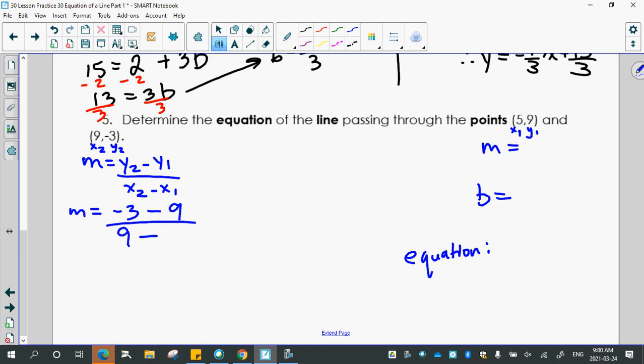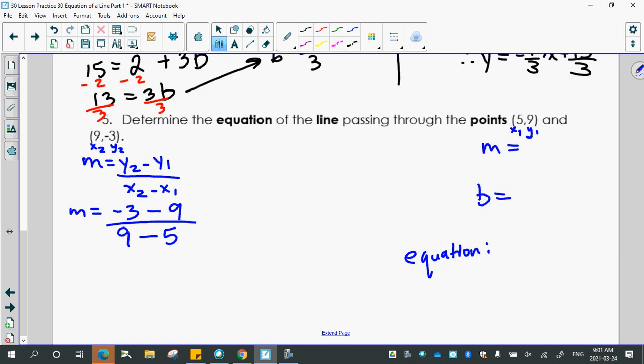There's a minus in the formula. x1 is 5. It's always good to double check that you got the correct numbers in the correct place. So y2 is -3 minus y1, which is 9, over x2, which is 9, minus x1, which is 5.